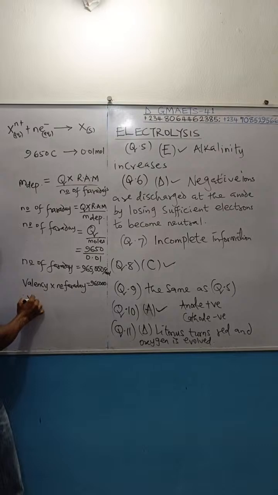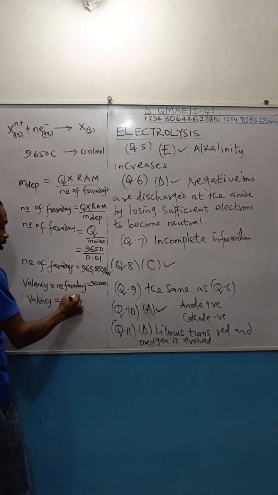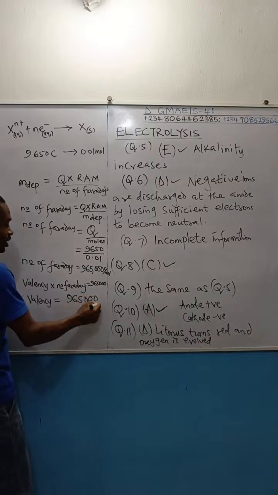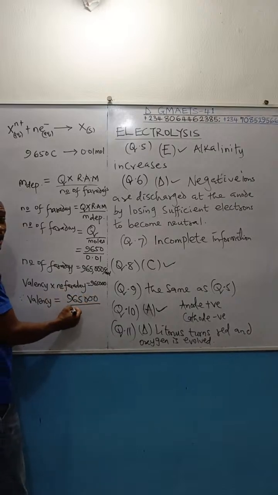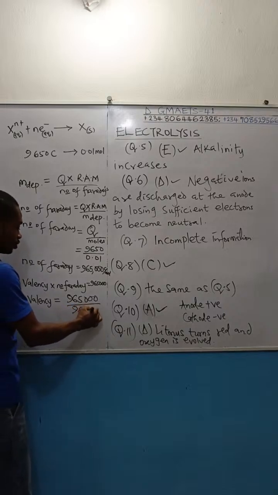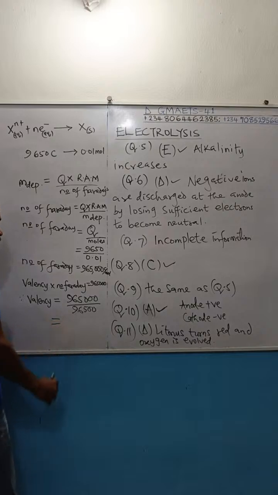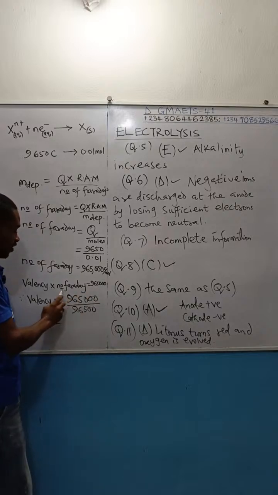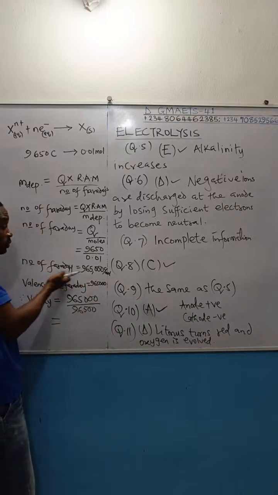Therefore, the valency will now be equal to 965,000 divided by the number of Faraday equivalent, which is 96,500. Are you following, right? This divided by the number of Faradays that we obtained here.